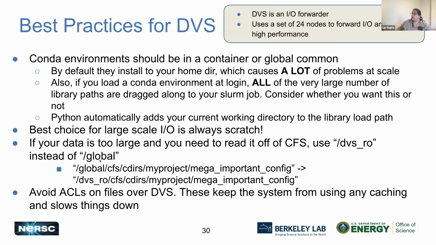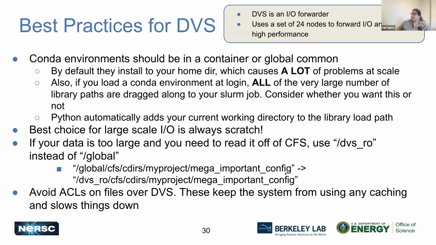So instead of using the global mount, this means in your input scripts or whatever, if you're pointing to a location on CFS, instead of having the first part of the file path be global, have it point to the DVS RO, which is the DVS read-only mount of CFS, and that's going to be again more performant.